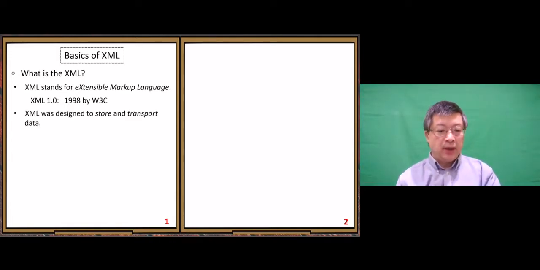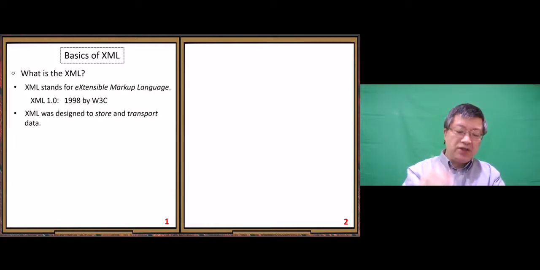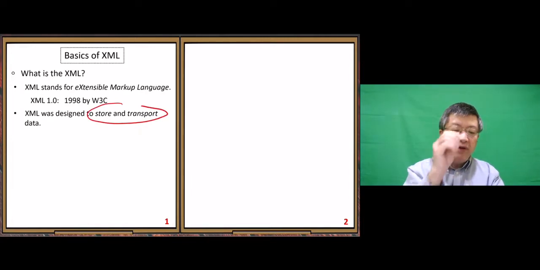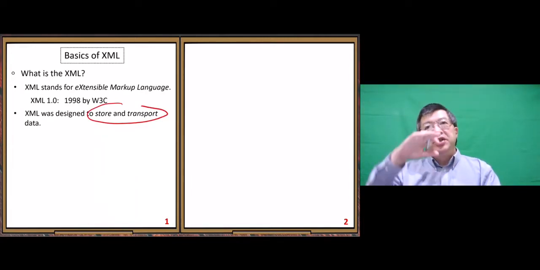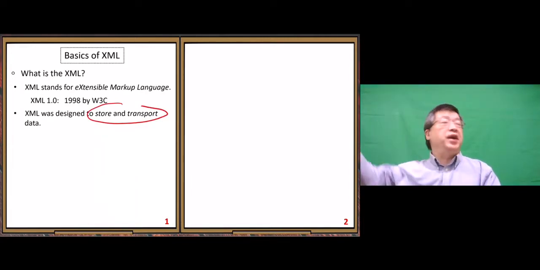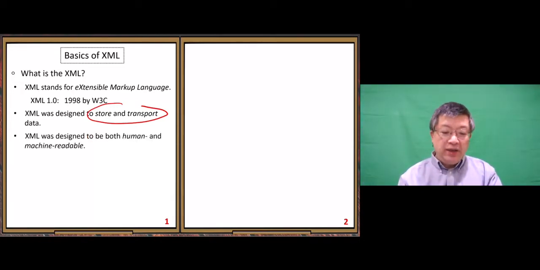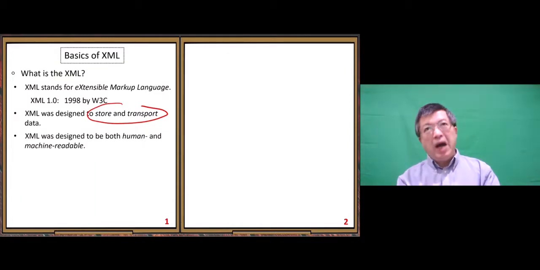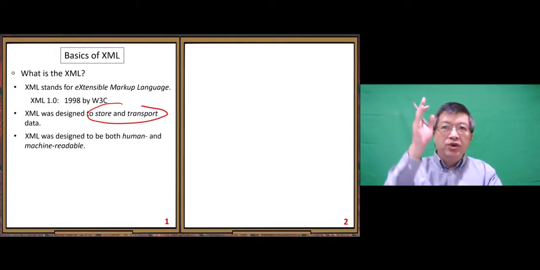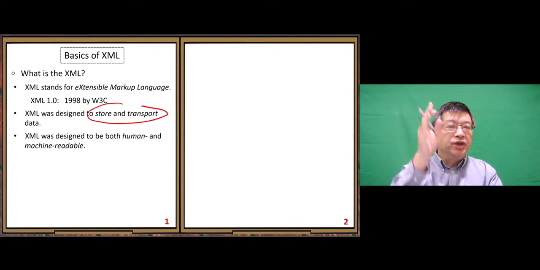XML was designed to store and transport data. So here you can see the main purpose of this technology: store and transport data. Another property is that it is human readable and machine readable.